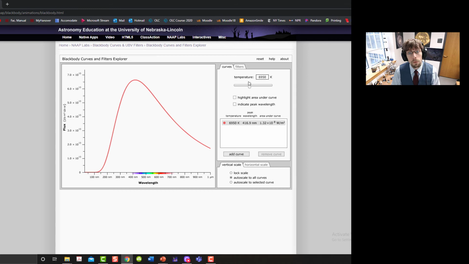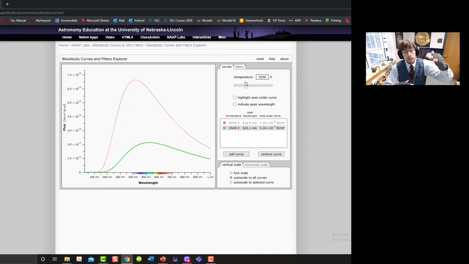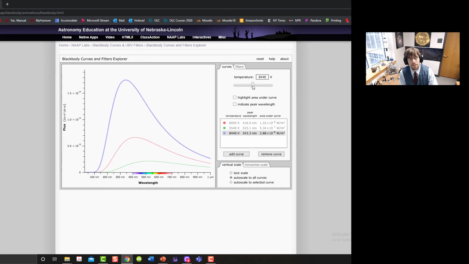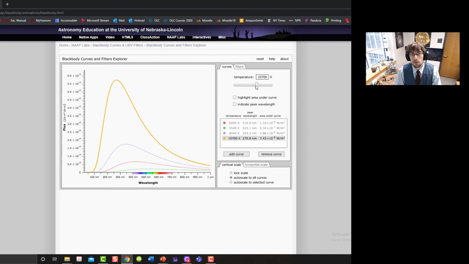The other thing that I'll point out is that, let me add a curve here so we can do a comparison, you'll see that as the temperature goes down, the peak tends to be smaller. Okay? And as the temperature goes up, as the temperature is larger, you'll notice that the peak grows. Okay? And I encourage you, go ahead, play around with this black body spectrum simulator. You can kind of see what the various spectra will look like, how it changes with temperature.